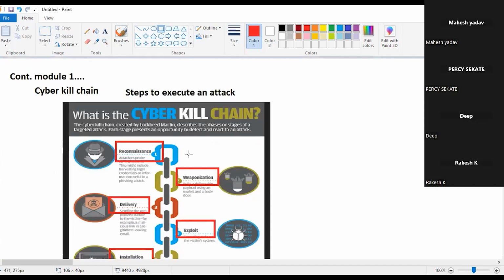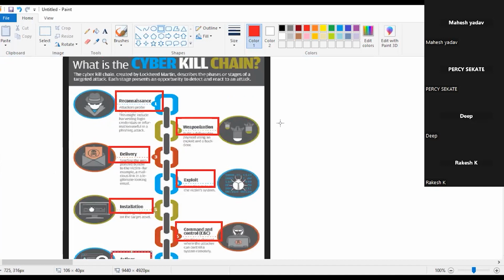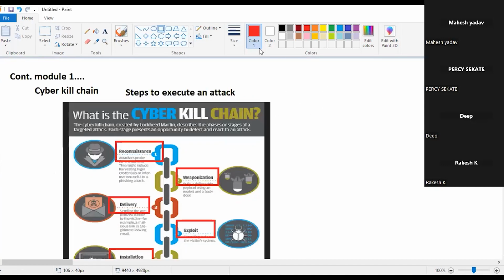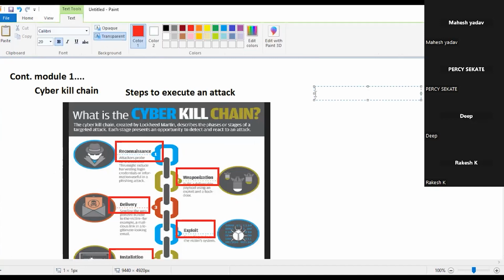Now, to follow these kill chains, to follow all these steps, 1 to 7, the attacker requires something which is known as TTPs.